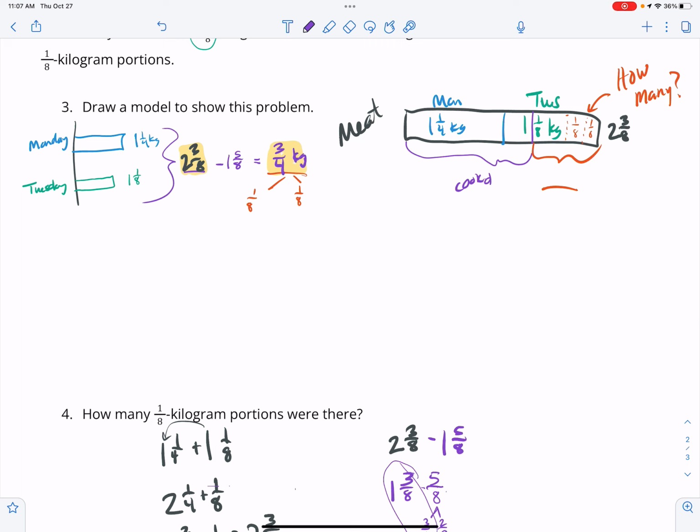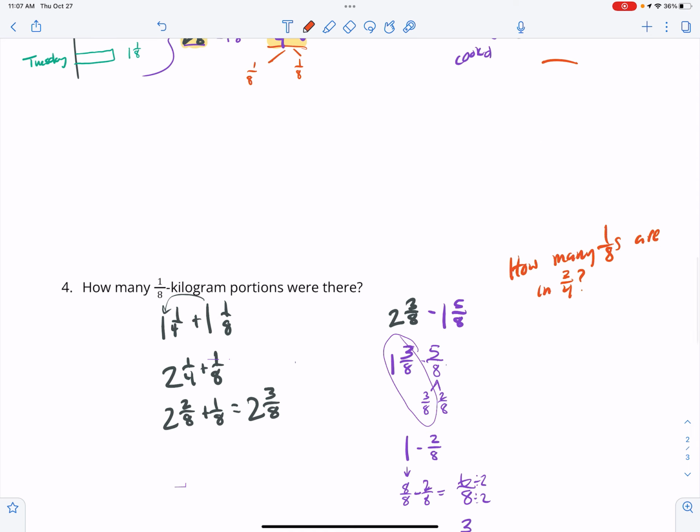All right, we're getting closer. We are at our final step now, where we just need to figure out how many 1/8 are in 3/4. That to me sounds like division. 3/4 divided by 1/8. So let's multiply by the reciprocal. 3/4 times 8/1.